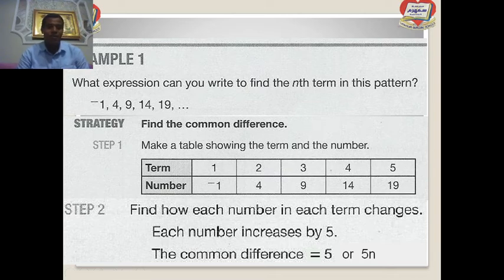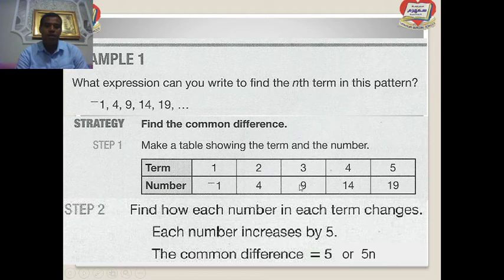So in this step, you are going to make a table including the numbers and the terms. For example, make a table showing the term and the number. Term is 1 and number is -1. Term is 2 and the number is 4.